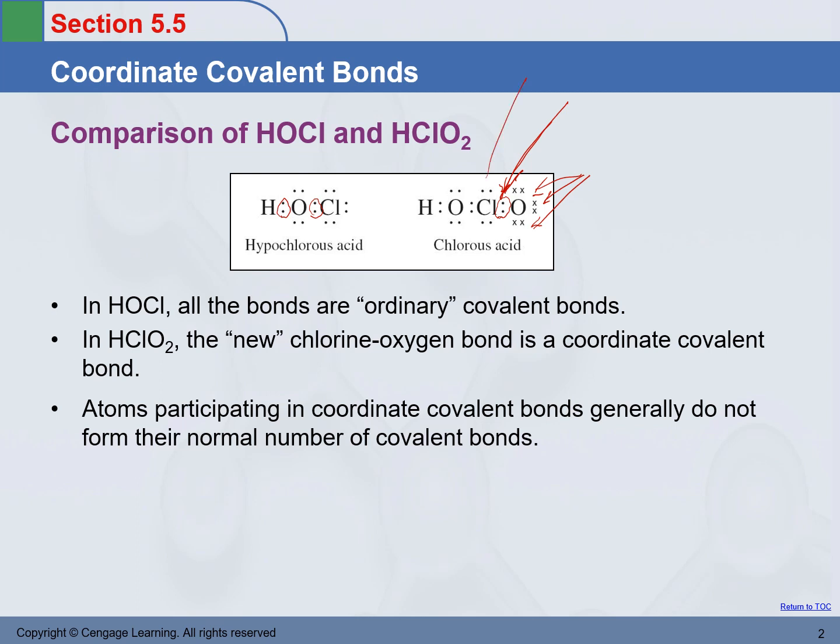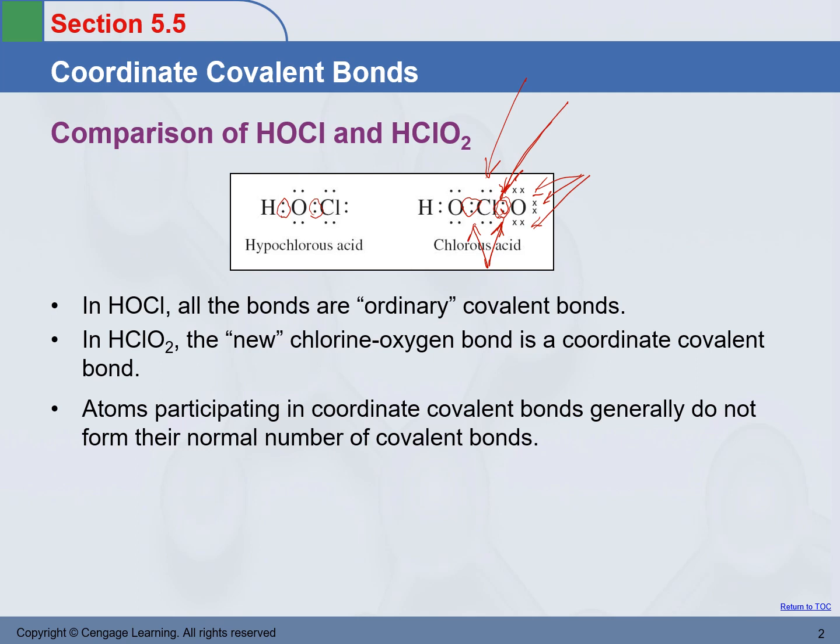Chlorine is in column number 7A. Normally it forms one bond only. Now it has one bond here, one bond here. It has two bonds. Again, a strong indication that, of those two bonds, one of them is a coordinate covalent bond.